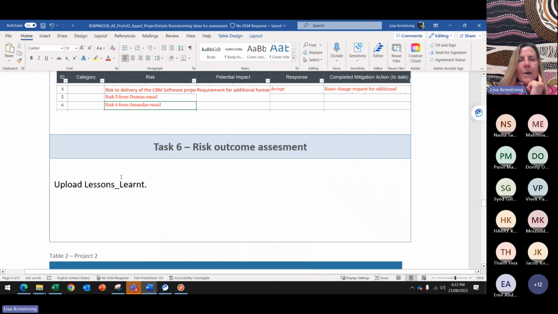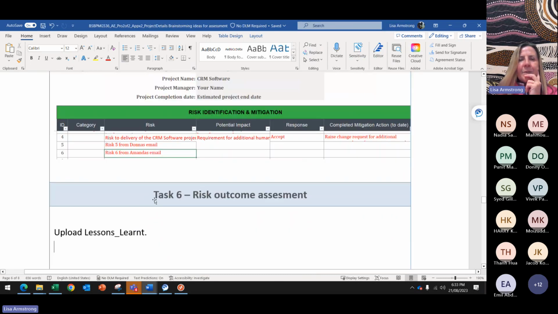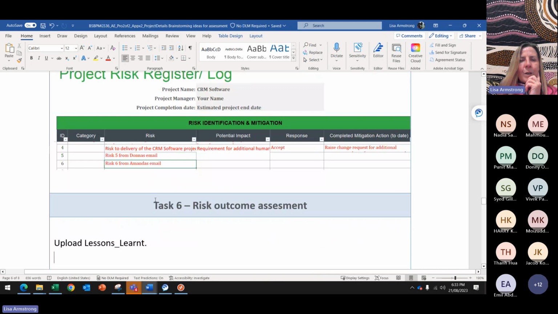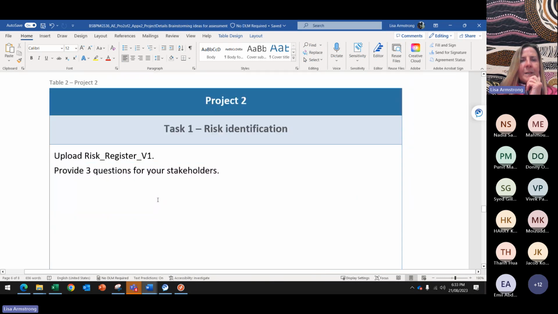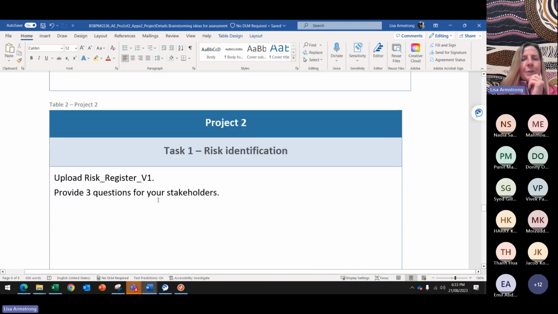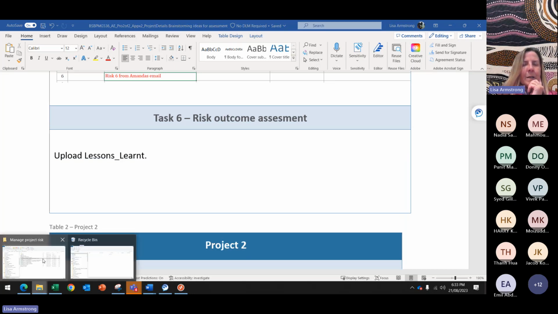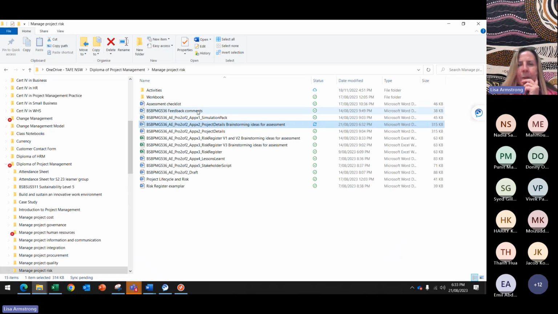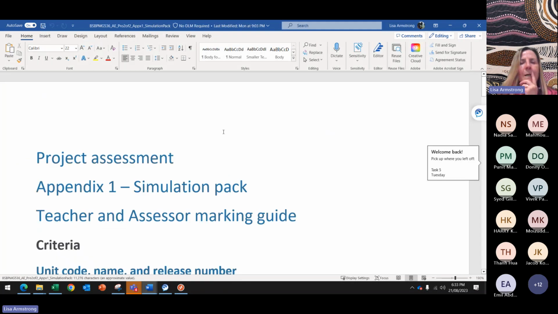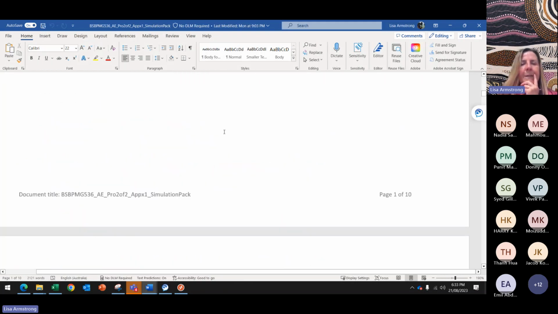So I think now what we want to talk about is this CRM project. That's what we've been working on. We're actually going to finish, aren't we? And then we'll move on to our project 2. So project 1, I'll go back to our simulation pack, Appendix 1 of our appendices.